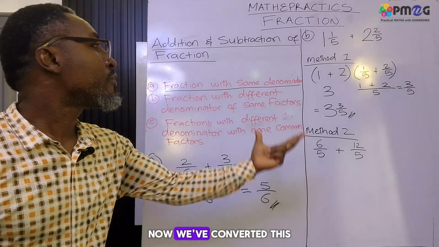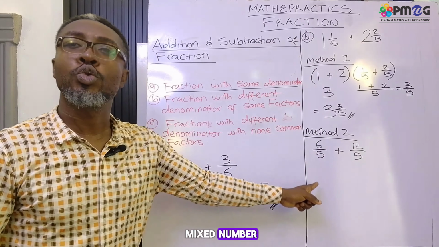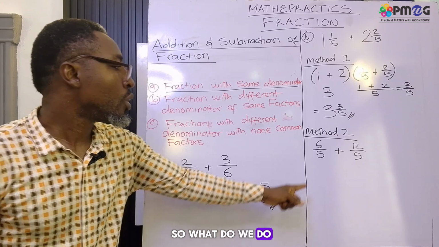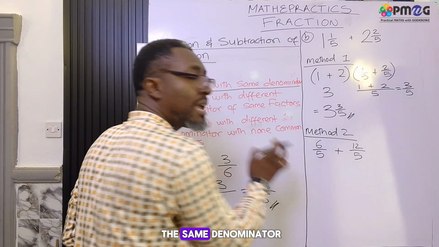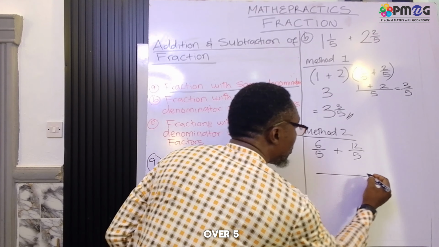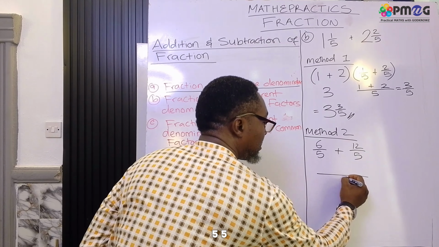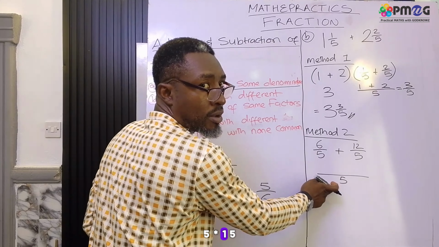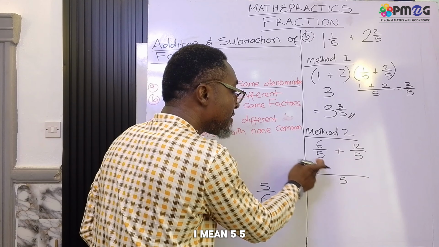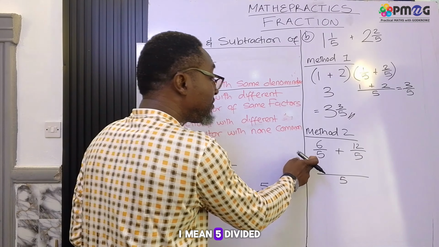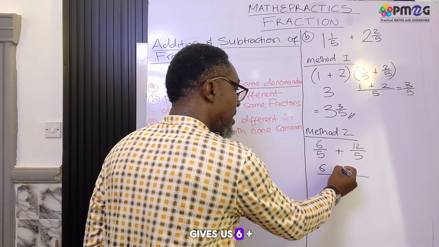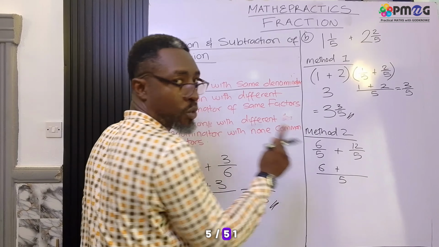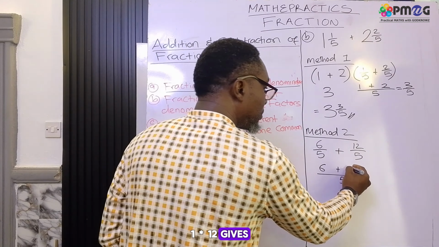So now we've converted the mixed numbers to improper fractions. We look for the LCM. Because they are of the same denominator, it is 5. 5 divided by 5 is 1. Then 1 times 6 gives us 6, plus 5 divided by 5 is 1, 1 times 12 gives us 12.